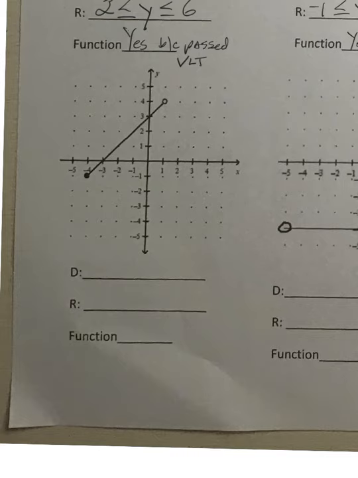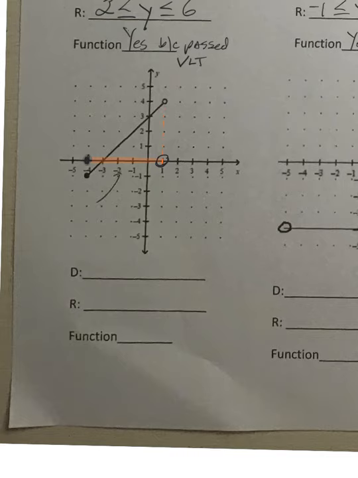So domain are the x values. The x values are how far to the left and how far to the right does the graph go. So doesn't the graph go as far left as -4 and as far right as 1? Right? You can see it with your eyes. And so we're going to emphasize, you might find it helpful if you were able to print this out, that you could mark it up and notice that this one's a solid circle and this one's an open circle, right?